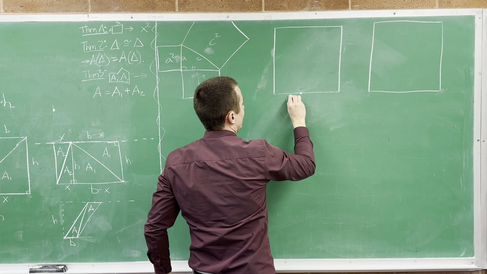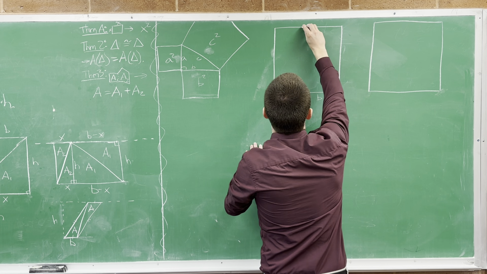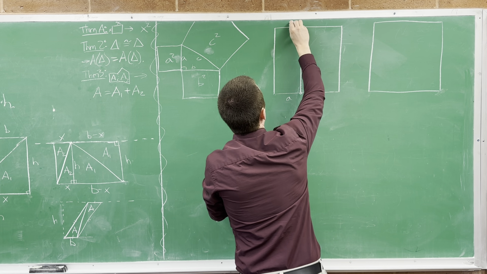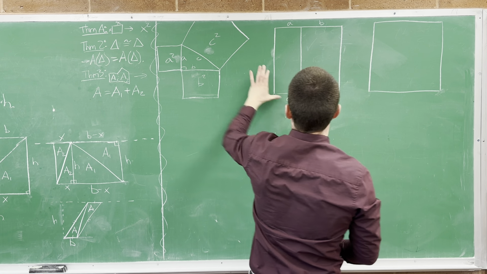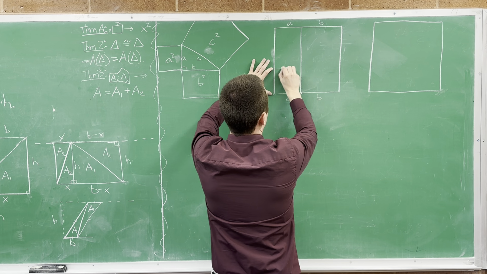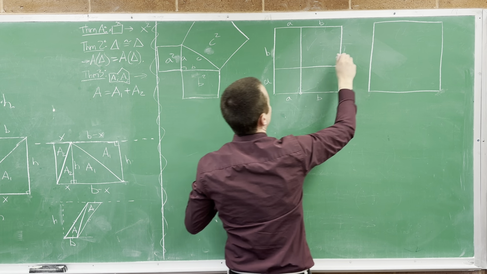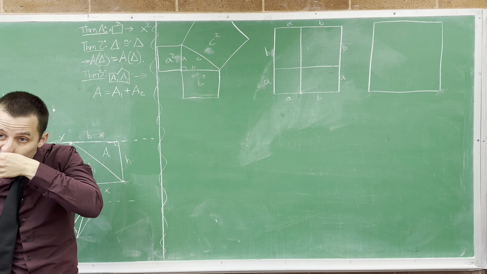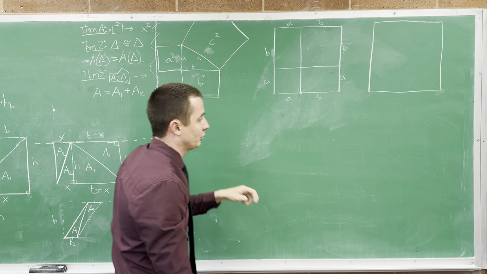I'm trying to construct the picture so that this distance is A, this distance is B, and then if we were to go up, this distance is A, this distance is B, and then come over, A, B, B, A. With me so far? Now, this square is meant to be the same size as this square.